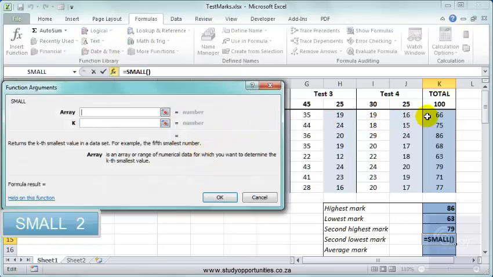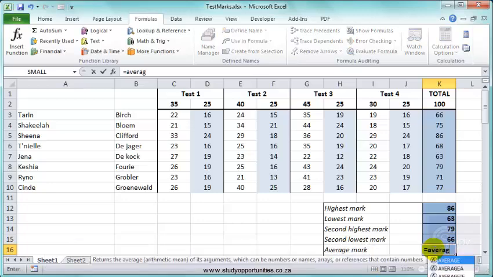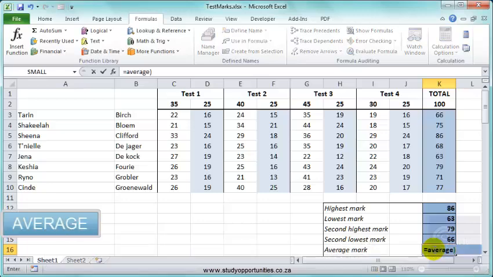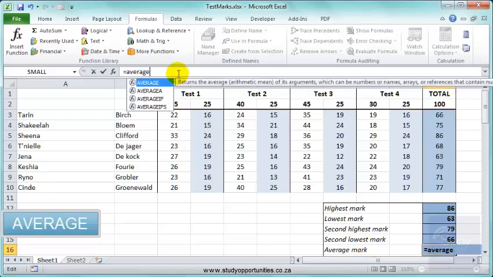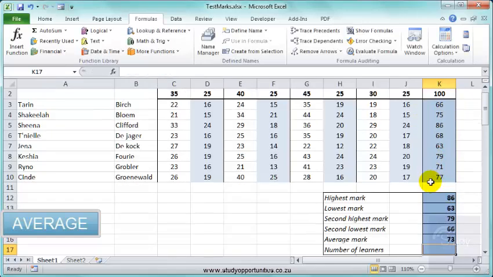The range is that. I wanted the second smallest number. Correct. And the average. Type the word average, spell it correctly, and have the bracket the correct way. I want the average of that. Close bracket, there they are.